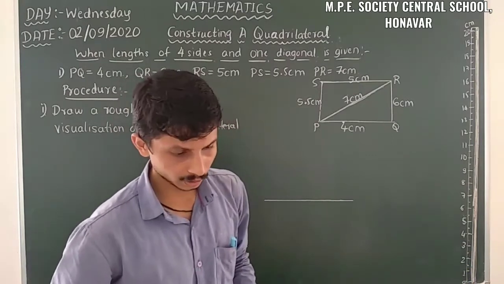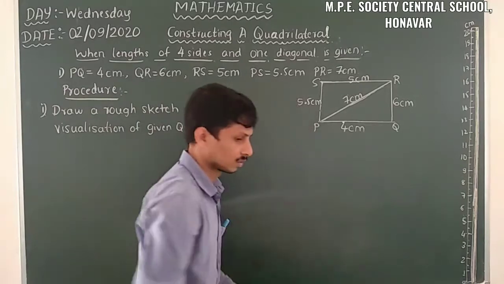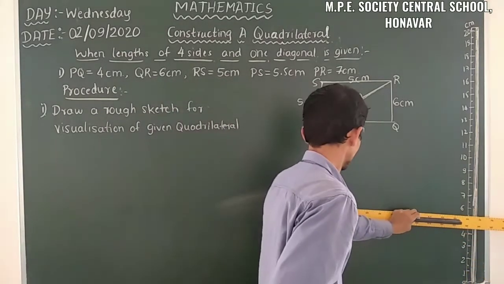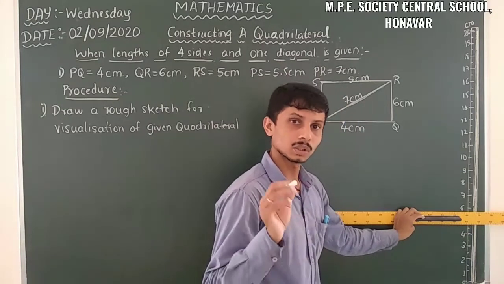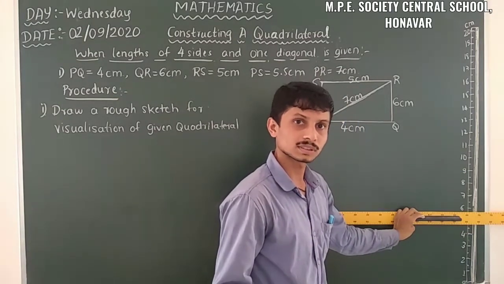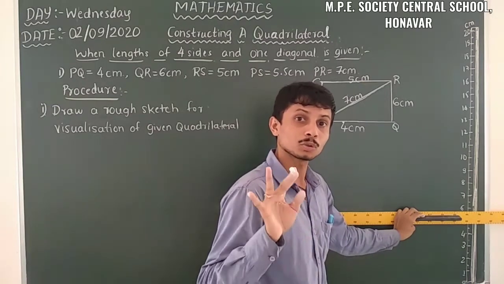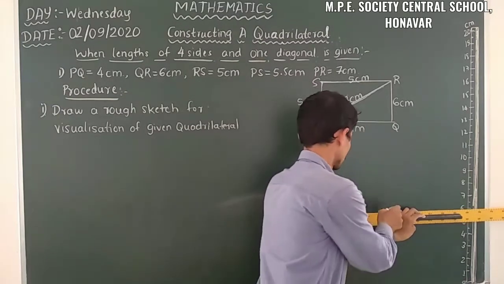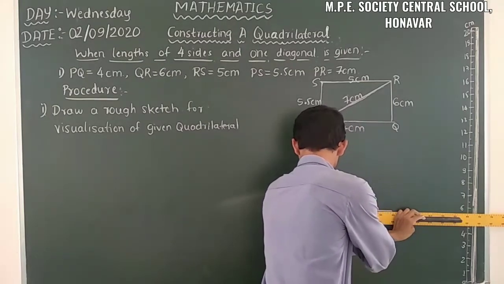Take 7 centimeter of length on your meter scale. The measurement should be exact. It's 7 centimeter of length.